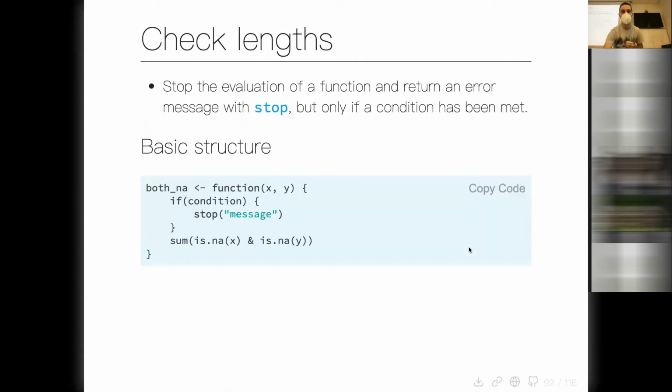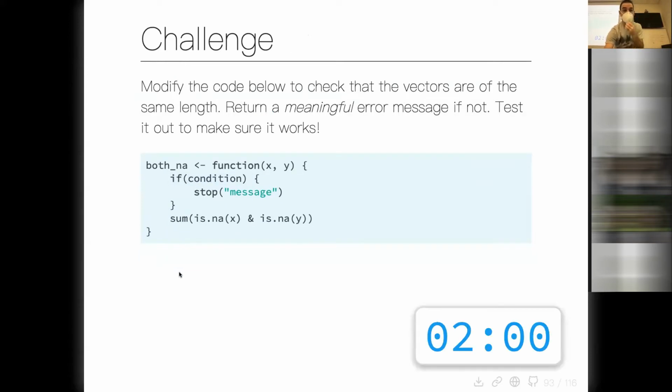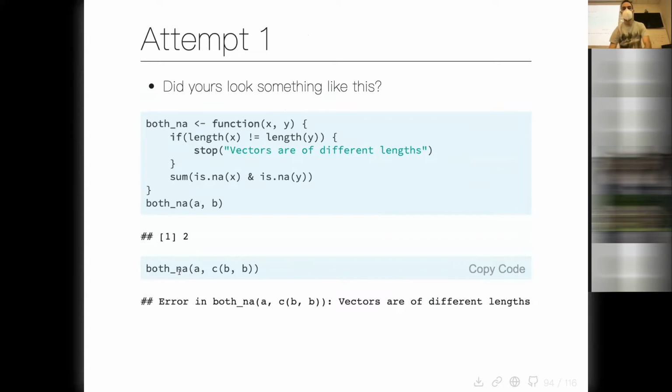Okay, so this is basically how that looks. We have: if some condition, then stop and print out an error message. If this condition is not met, however, then none of this is run and we just skip down to this line. So for our specific function, it ends up looking like this.